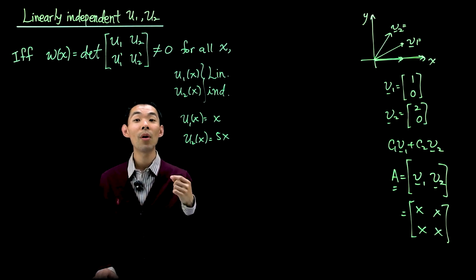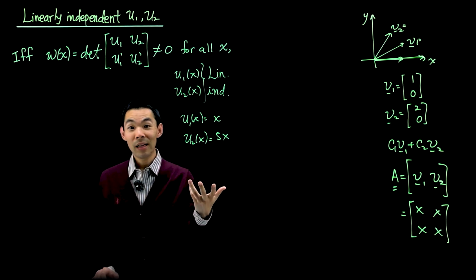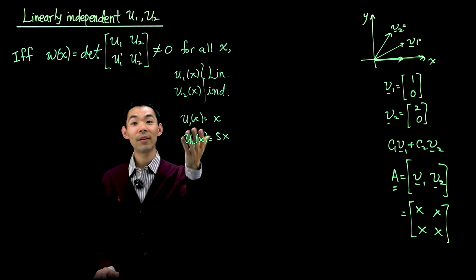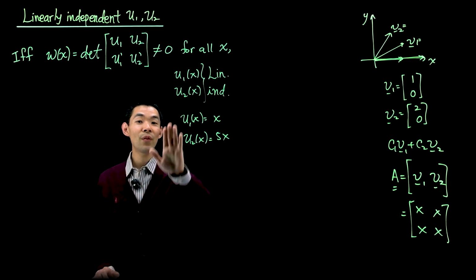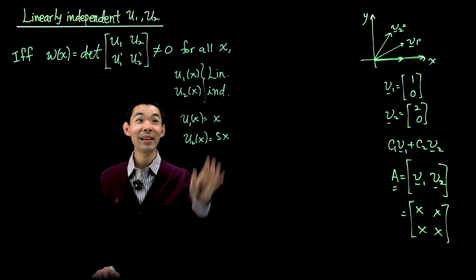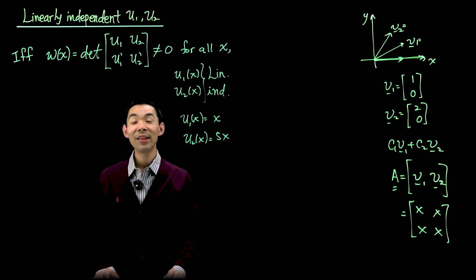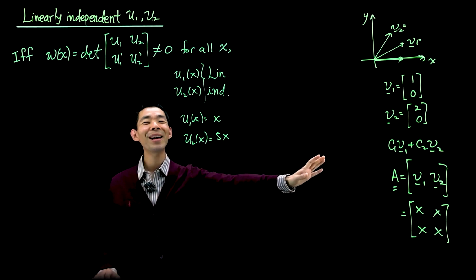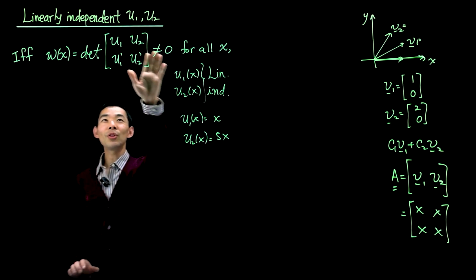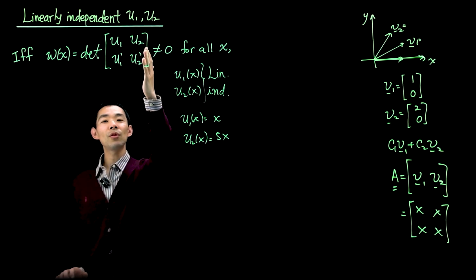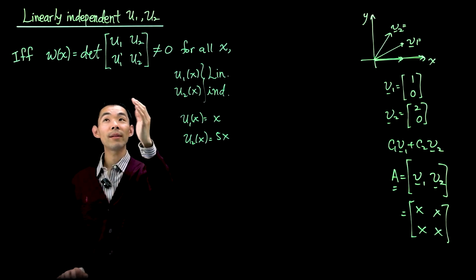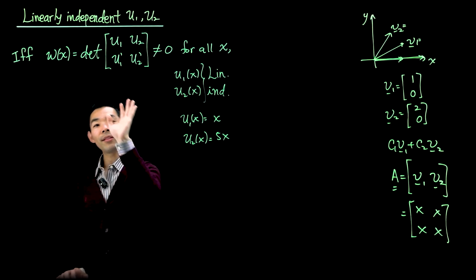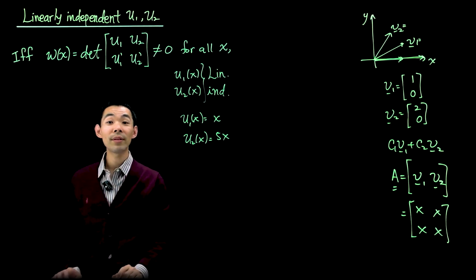It's just a simple multiple of function number 1. Therefore, these two functions will not allow you to span the entire function set. And therefore, in analogy with linear algebra, you do the same thing. You take two functions, u1 and u2, take their derivatives, and you check the determinant. And this function right here is called the Wronskian.